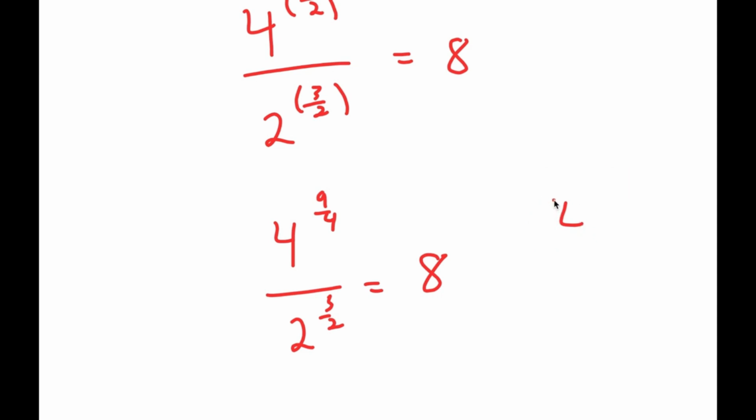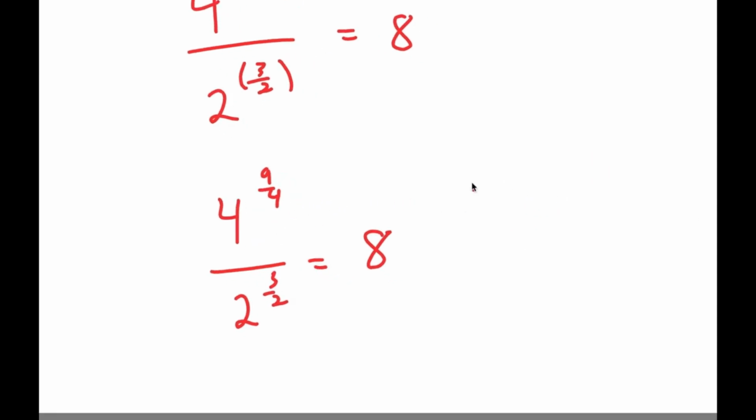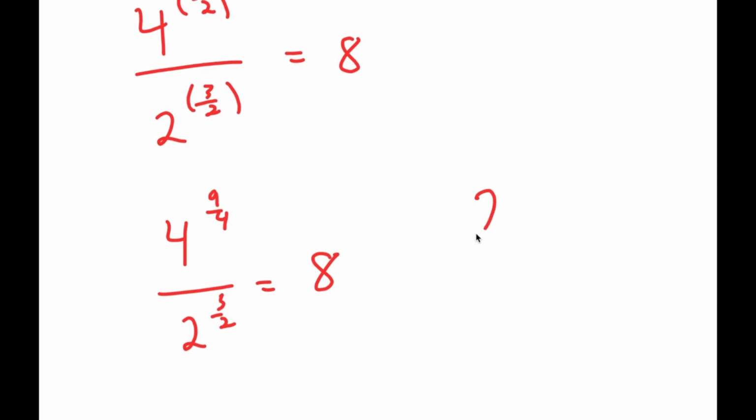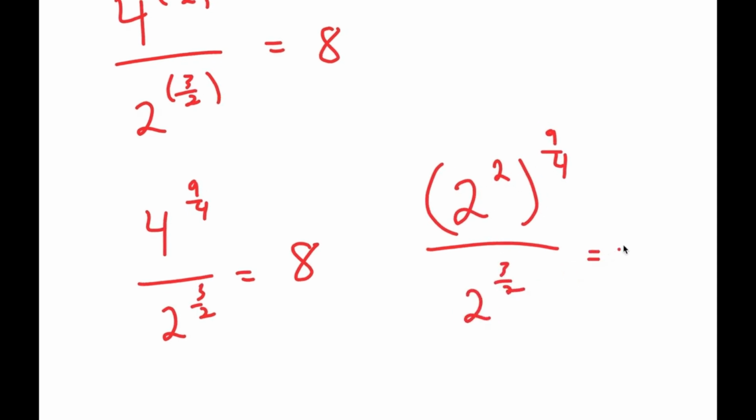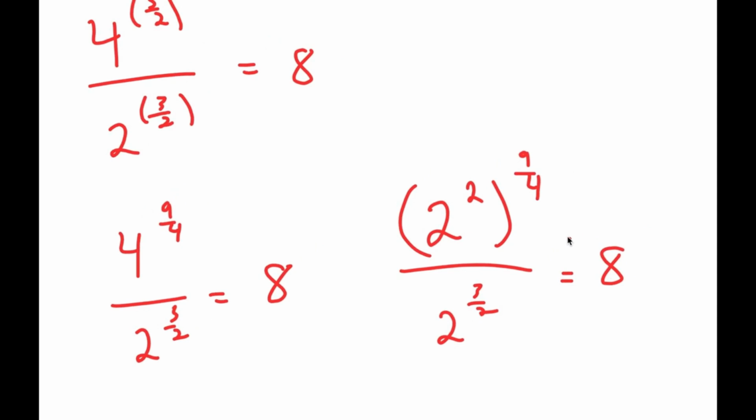So what I'm going to do is rewrite this as 2 squared to the power of 9 over 4, over 2 to the power of 3 over 2. So now, let me rewrite this over here.